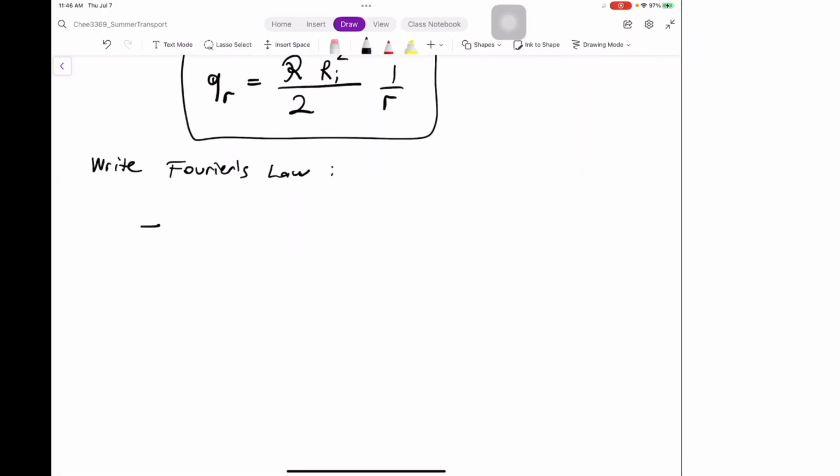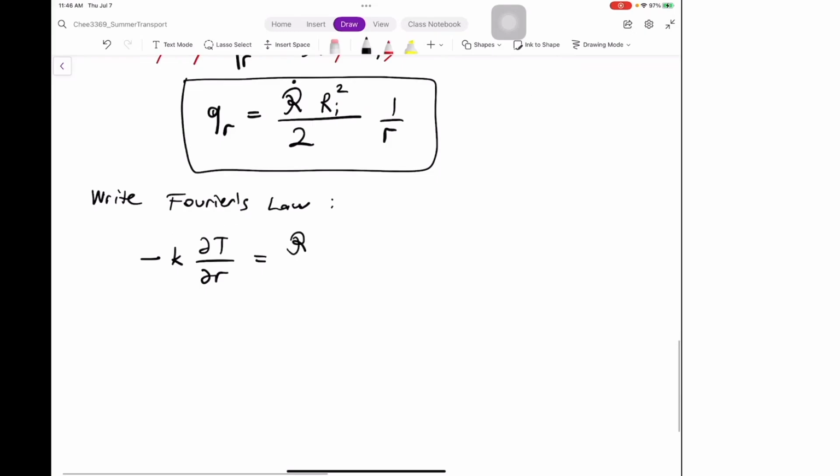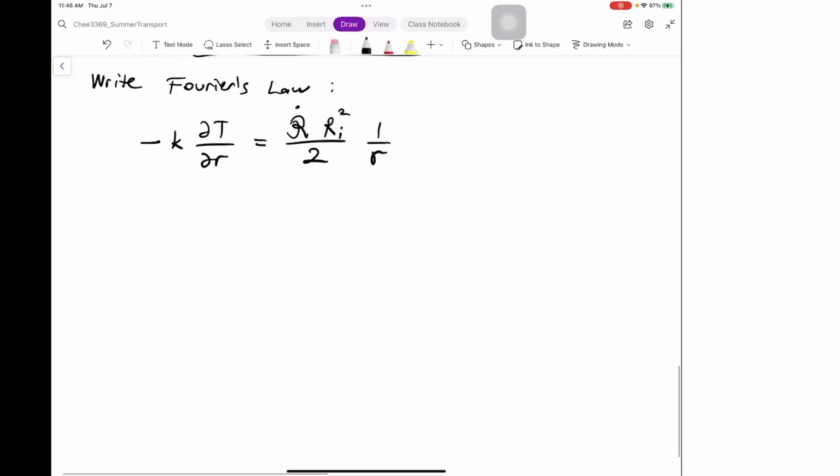So q_r is nothing but negative k of the steel, dT over dr, is equal to q-dot R_i squared over 2, 1 over R. Now I know that the temperature only changes radially, so I can convert the partial derivatives to total derivatives. So I can say dT over dr is equal to negative q-dot R_i squared over 2k, 1 over r.